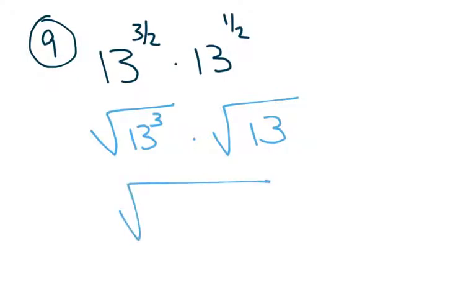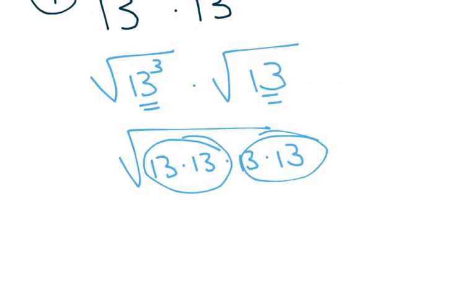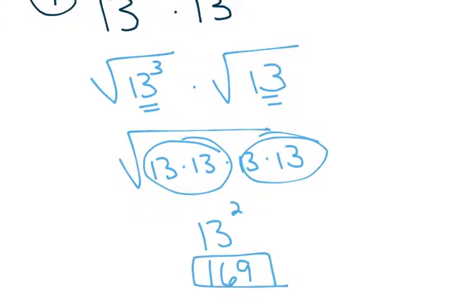Well, when I multiply those together, don't I now have 4 13s? Because there were 3 13s here and a 13 here. And isn't a square root asking for pairs of the same number? And I can take out 2 pairs of 13. So 13 squared is 13 times 13, which is 169.